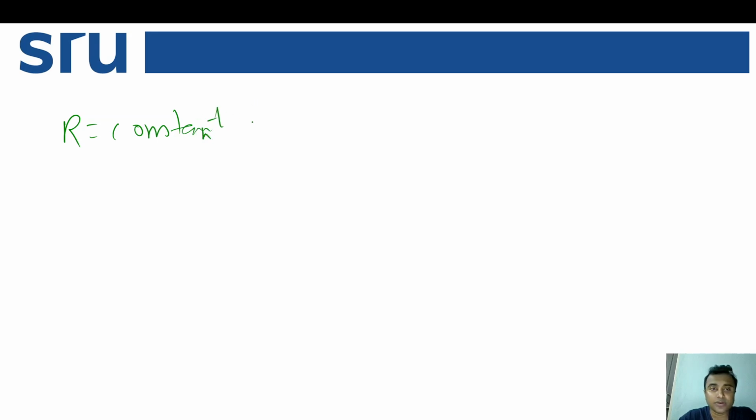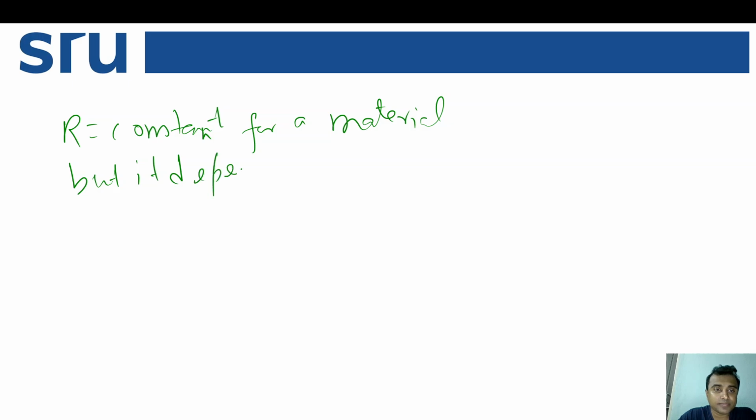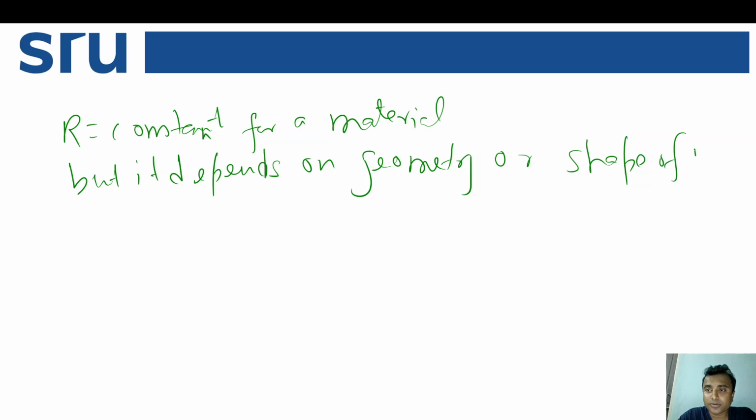Resistance is a constant for a material, provided, so not only that, it is a material, but it depends on the geometry or shape of the material. But yes, of course, this was discussed many years later by Ohm.